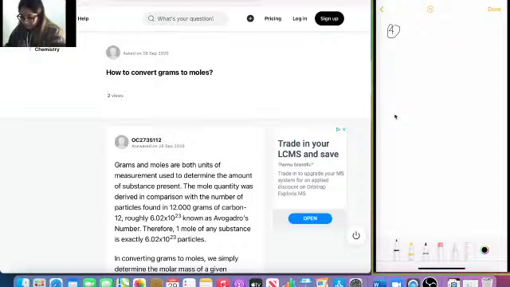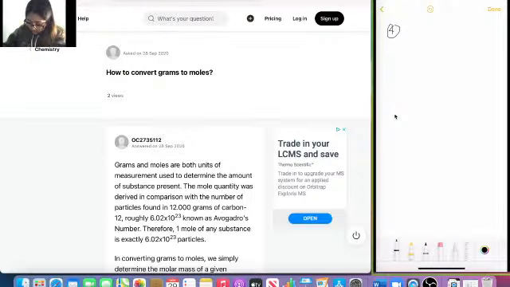And so in converting grams to moles, there's a conversion factor here. So let's first address how we get this, which equation it comes from.